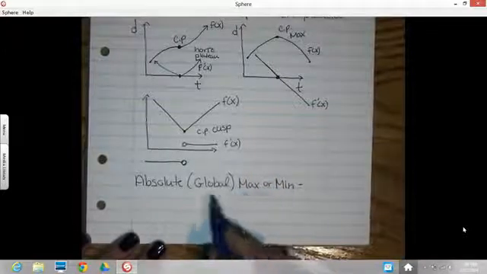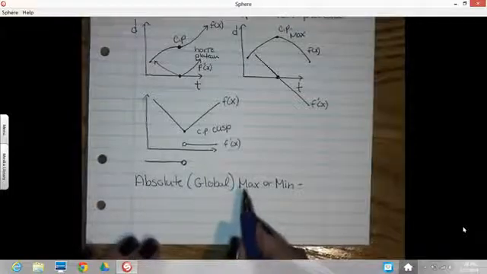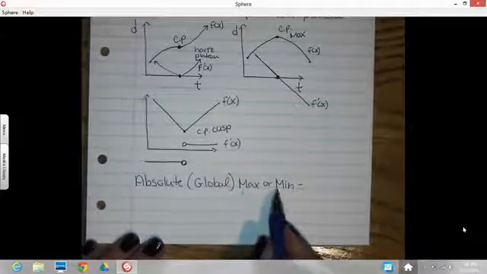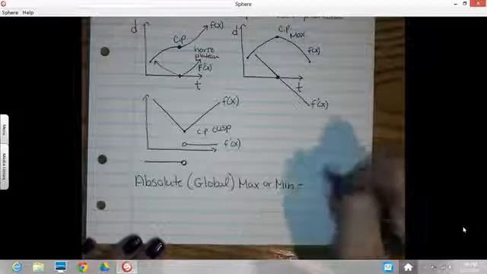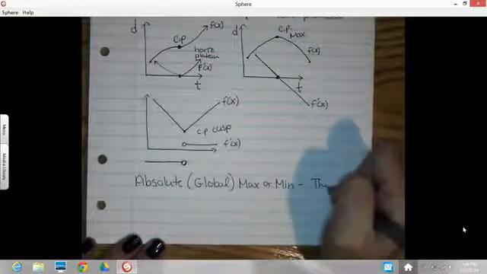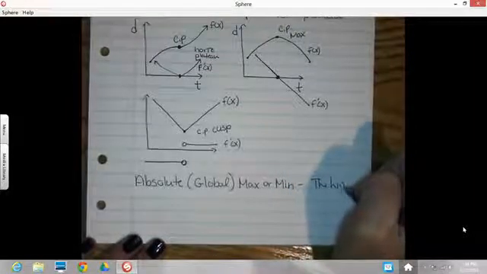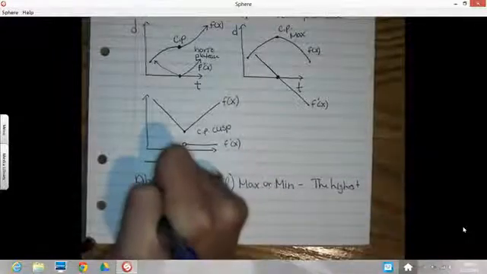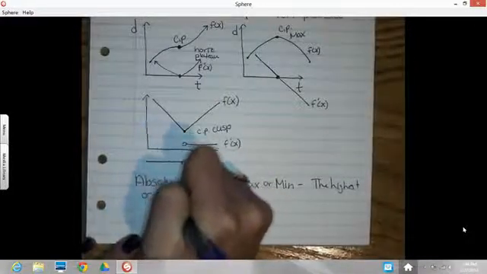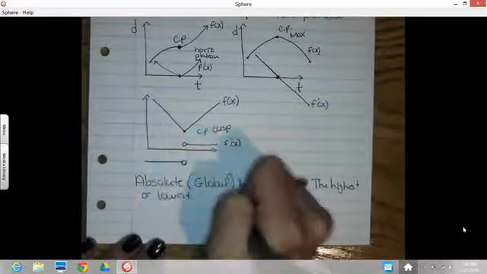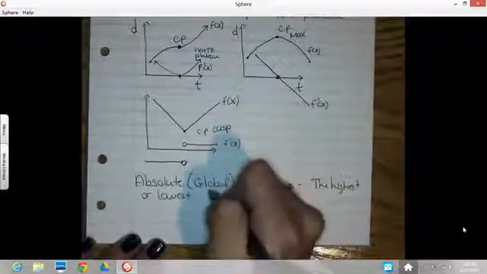The min would be the lowest point for the entire graph. So it's the highest or lowest, if it's a min, point on the graph.